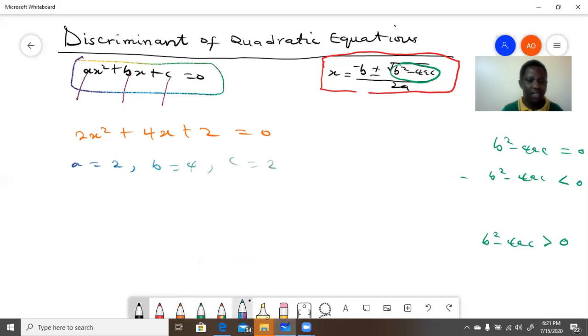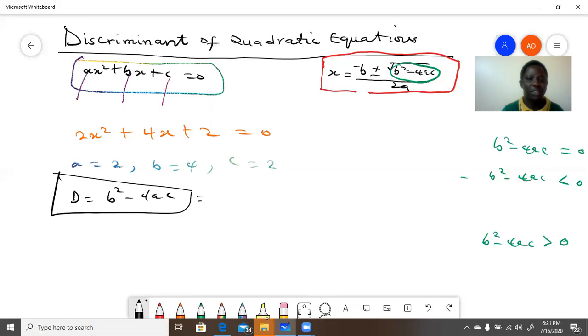So we can say that the discriminant D, which is b squared minus 4ac, gives us 4 squared minus 4 times 2 times 2. So what do we have? That is 16 minus 4 times 2, 8 times 2, 16. That is 0.